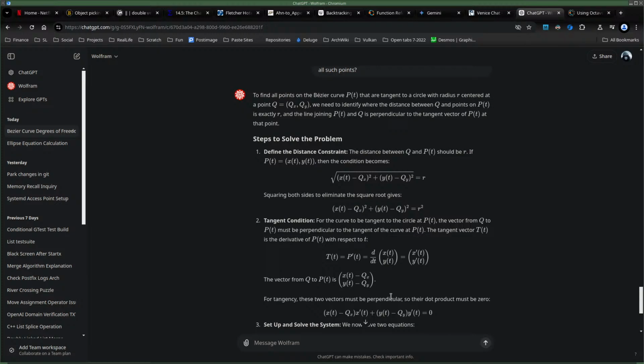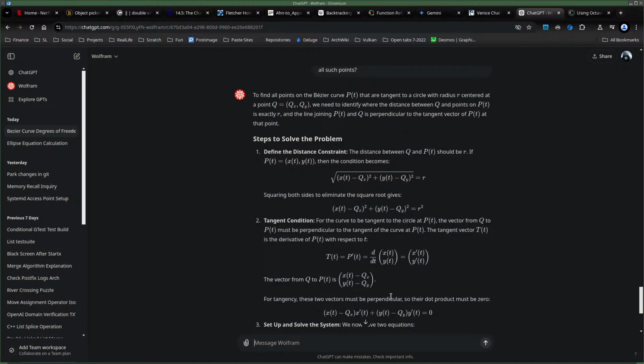It does as if R is already known, but it isn't. Point 2, tangent condition for the curve to be tangent to the circle at P(t). The vector from Q to P(t) must be perpendicular to the tangent of the curve at P(t).